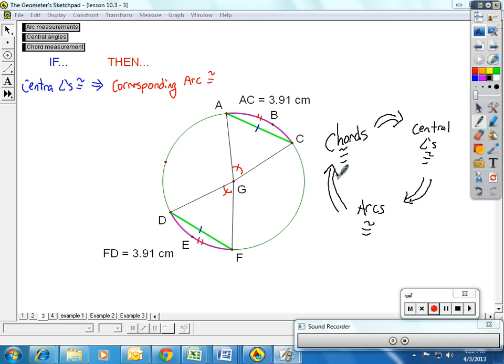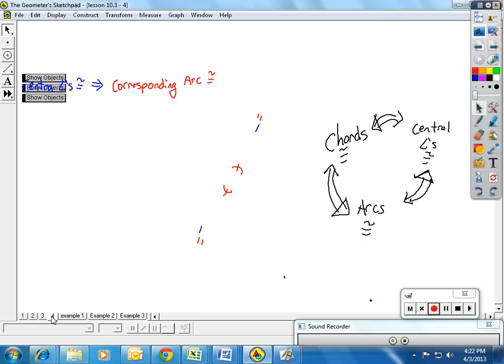If chords are congruent, then arcs are congruent, and if arcs are congruent, then central angles are congruent. Central angles congruent, then chords are congruent. So this is somewhat the picture of the lesson. Let's look at the theorems more exactly.